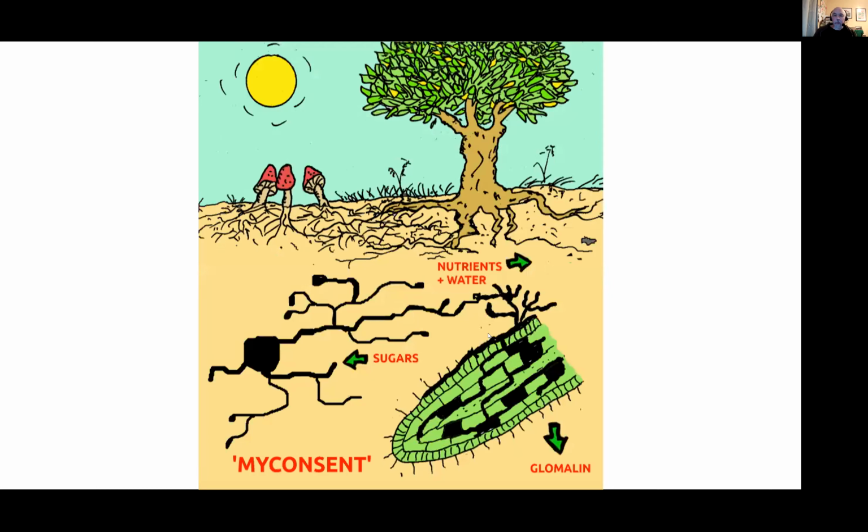But back to our image here briefly. Another thing that was only relatively recently discovered is, through this interconnection, through this process of the tree roots giving sugars and carbohydrates to the fungi, and the fungi giving nutrients to the tree roots, a byproduct of that is a substance called glomalin that is released into the soil.